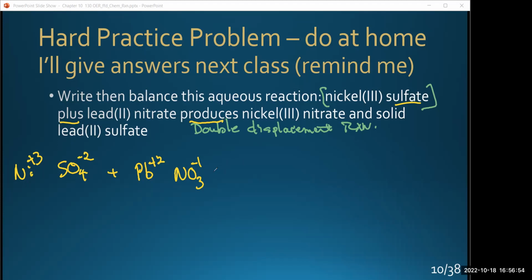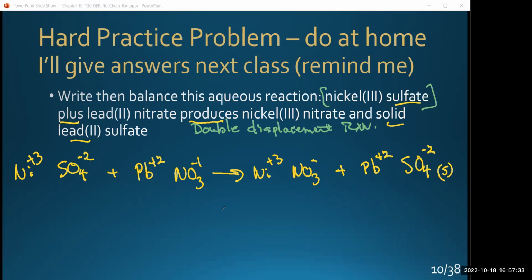Produces, that's your key word for the arrow, nickel 3, which we're still dealing with the same oxidation number, nickel plus 3, nitrate, NO3 negative 1, and, which is the key word for plus, solid lead 2 sulfate. So we got Pb plus 2, and then we have sulfate, which is the negative 2, plus it's solid, so that tells us the physical state of the product, okay?